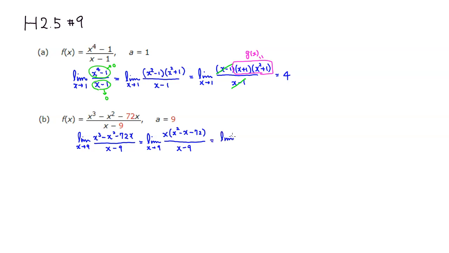So x is already there, and I think we can factor this as, and we kind of want the x minus 9, hoping that's there, so it's (x plus 8) times (x minus 9), right? So you can actually cancel the common factor out. So you're left with x times the quantity (x plus 8).